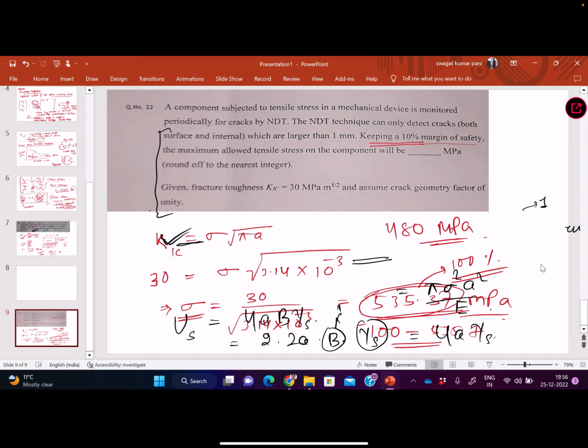The answer sheet said 480 MPa, so this only matches if you take 1 mm directly. But if the crack geometry factor is unity, it should be a center crack. We would have to compute both and see which comes out maximum, but in this numerical type question no option is given. The answer key was 480 or 481, something like that.